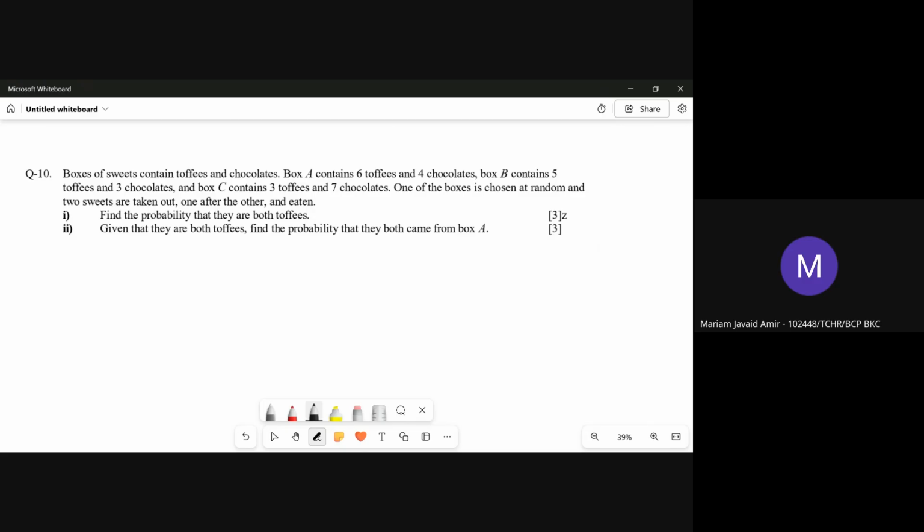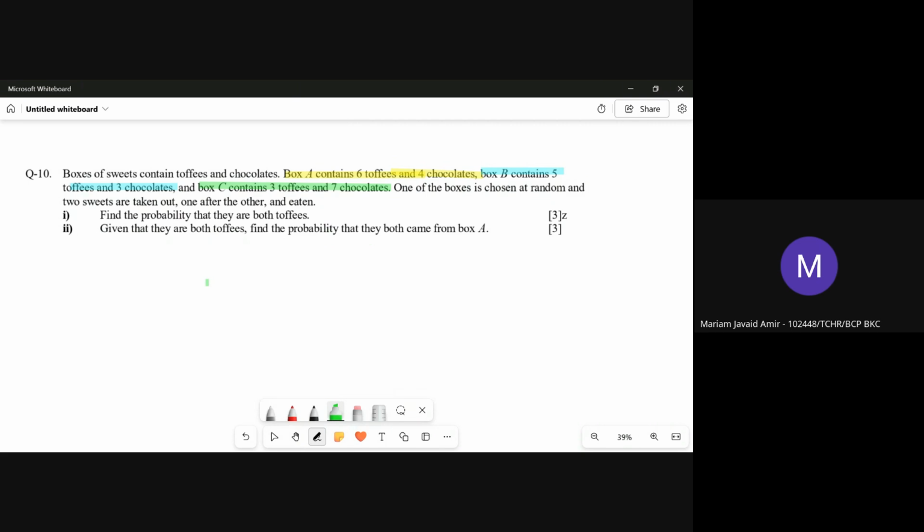Boxes of sweets contain toffee and chocolate. Box A contains 6 toffees and 4 chocolates. Box B contains 5 toffees and 3 chocolates, and box C contains 3 toffees and 7 chocolates. One of the boxes is chosen at random and 2 sweets are taken out.